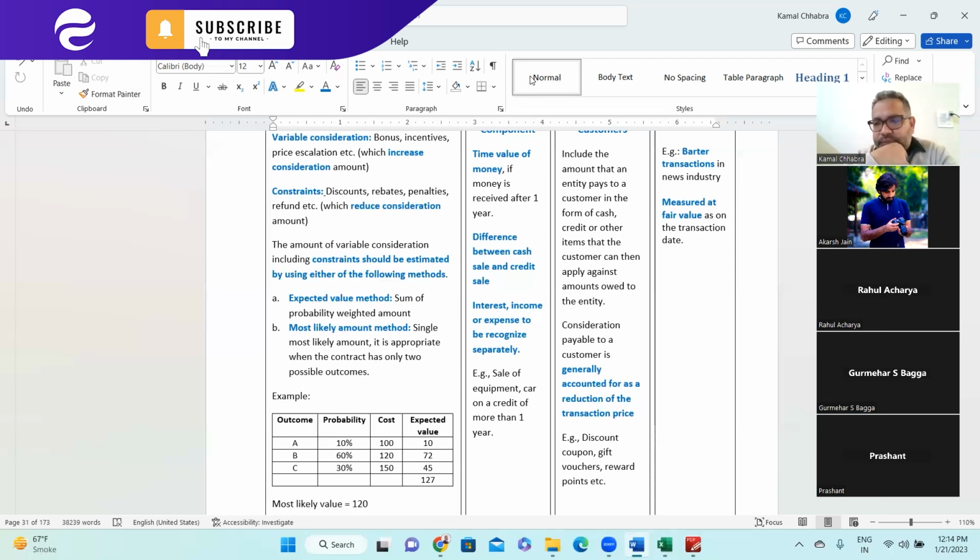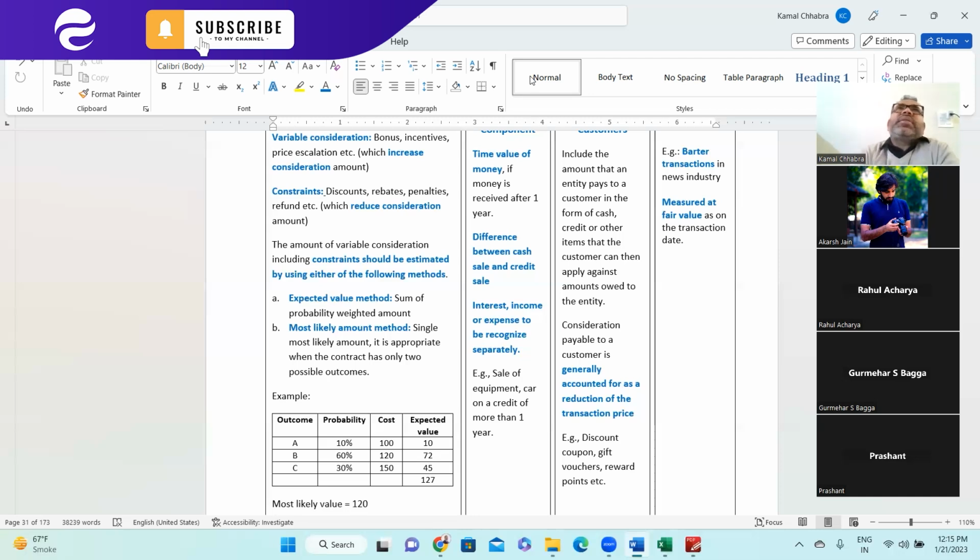Whosoever avails the benefit will get a 50% discount. That is very much straightforward. If the probability of people availing the benefit is known and the price is fixed, then you can use the most likely method.